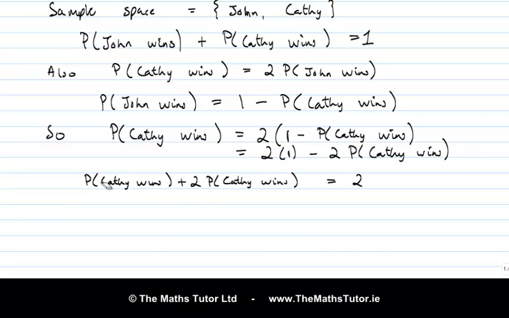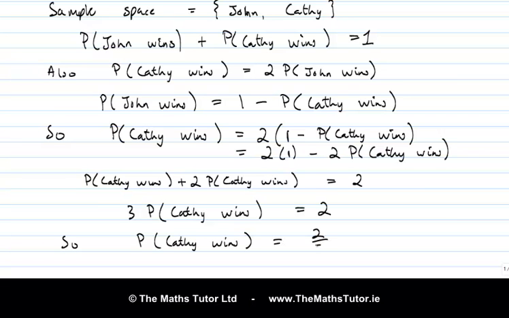And on the left-hand side we have the probability of Kathy wins plus 2 times the probability of Kathy wins, so that's 3 times the thing that we're looking for. Finally, divide by 3 to get our answer. The probability that Kathy wins the game is 2/3.